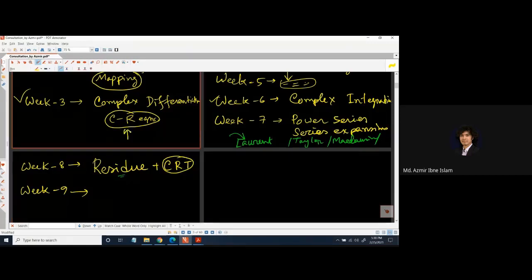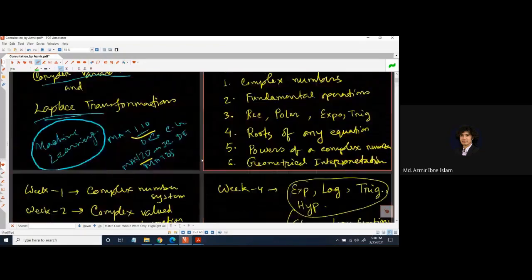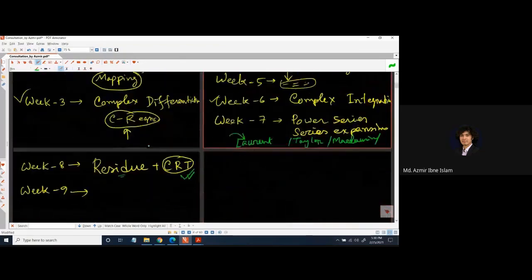Just like CR equation, Cauchy-Riemann equation. Actually, Cauchy and Riemann, Augustin Louis Cauchy and Bernhard Riemann, they were the mathematicians. So it is named after them. Okay. So CR, that means Cauchy-Riemann. CRT, Cauchy residue theorem. Within week 9, your complex variables part will be over.